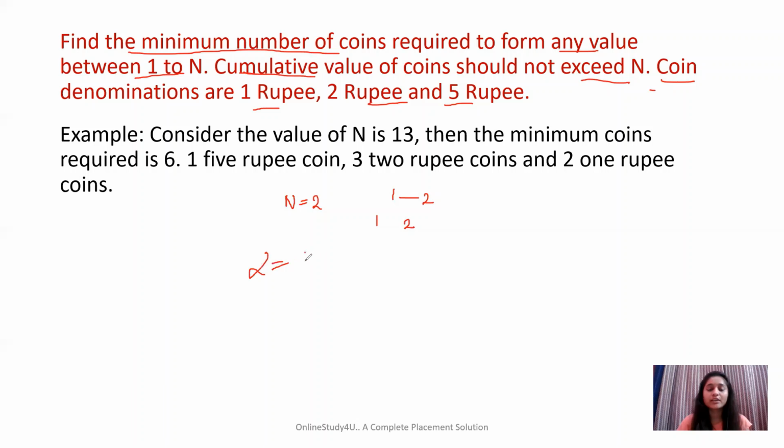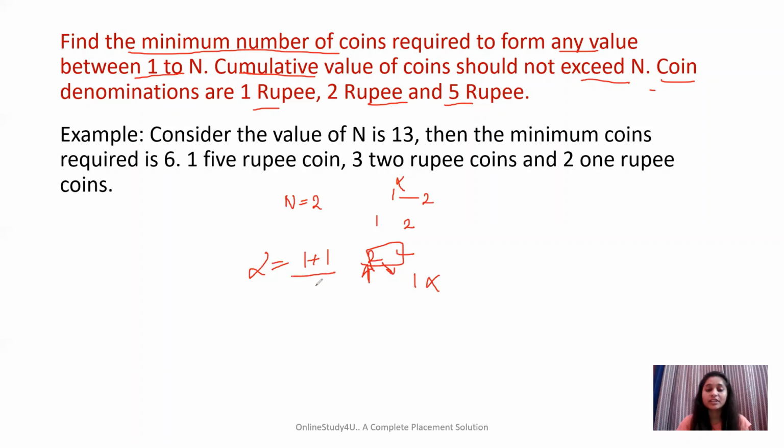For 2 we can take 1 plus 1, or we can take 2. If I just take a 2 rupee coin, would I be able to make 2? Yes. But would I be able to make 1 out of this? No. So from 1 to n, I won't be able to make one of the values, that is 1. So I can't consider this pattern.